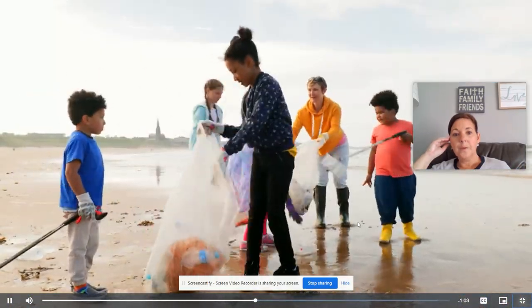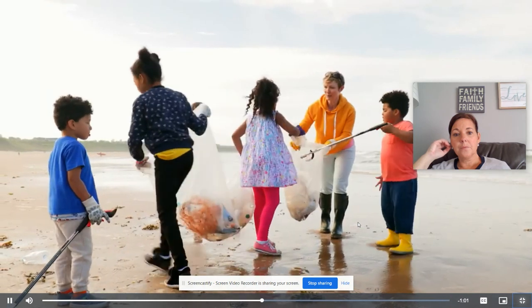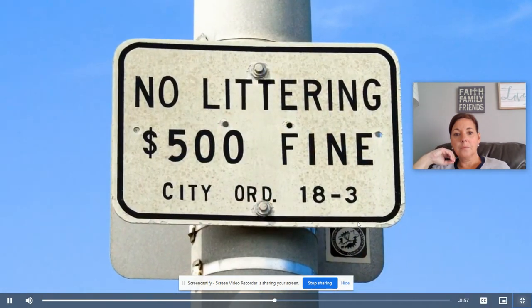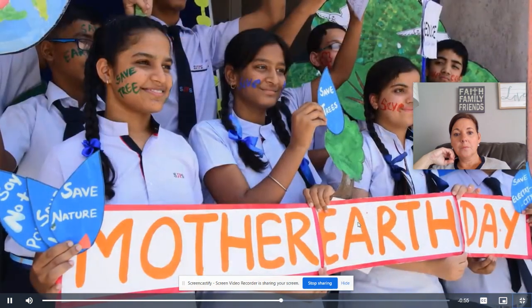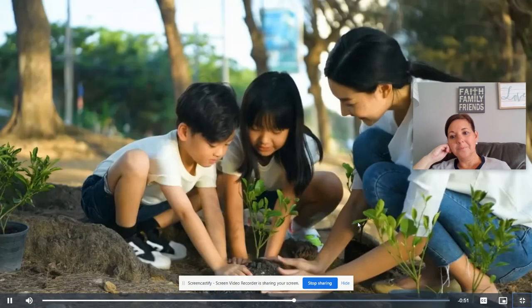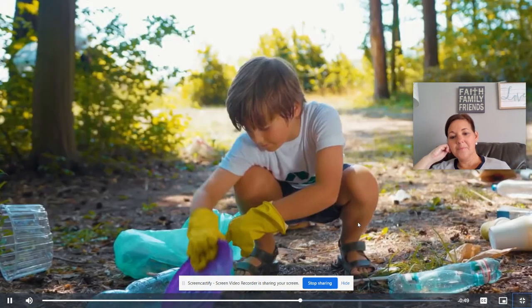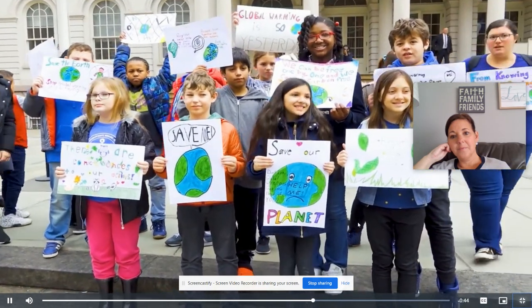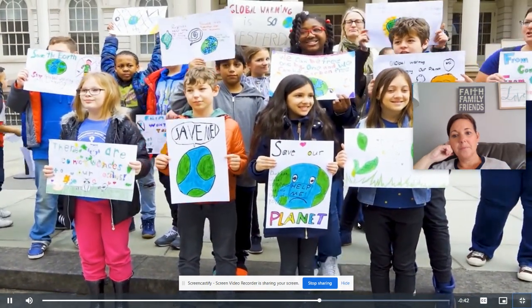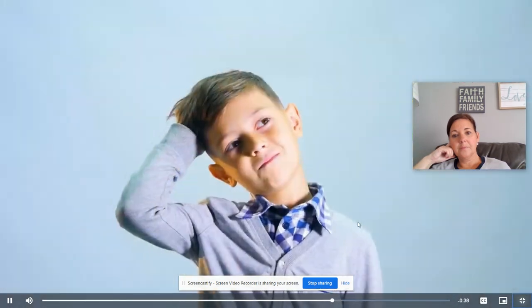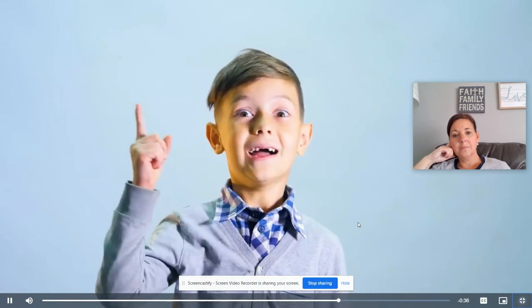Luckily, many people have realized how important it is to keep the earth clean and healthy. Now we have laws to protect the Earth, and people around the world celebrate Earth Day every April 22nd. They plant trees, they clean up, they show how they care about the Earth. But we don't have to wait until Earth Day to care for our home. What can you do every day to help the Earth?